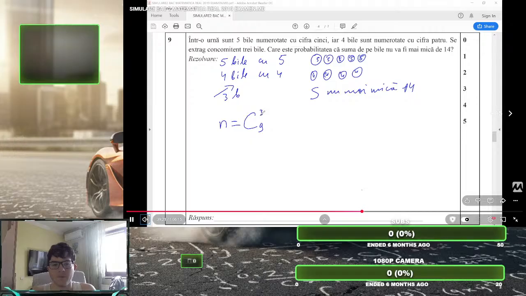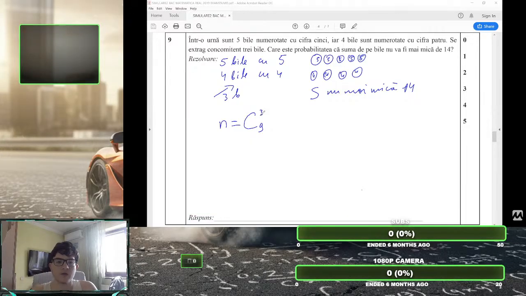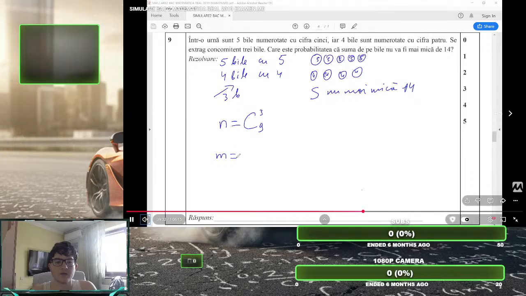Okay, so I got the C right, the N right, so at least that's great. In terms of M, we got 3 balls, and it has to be this: 5 5 4, 5 5 5. Amazing.